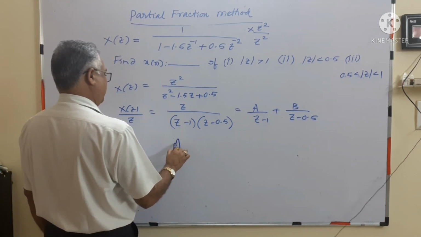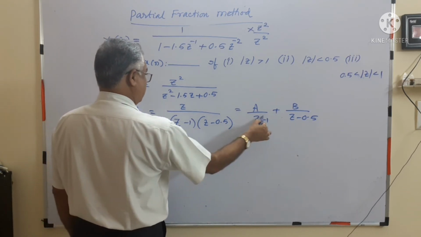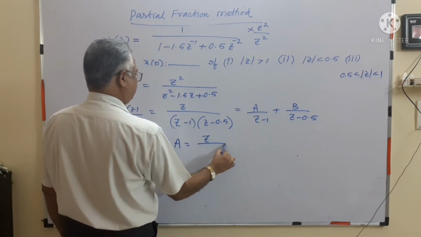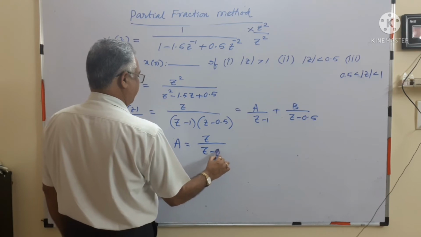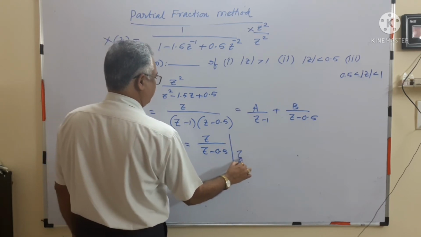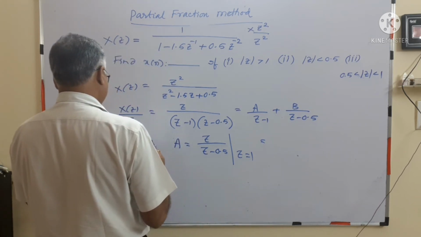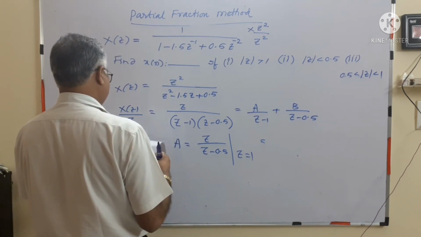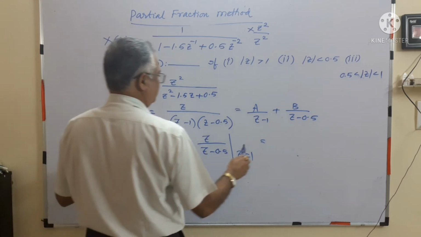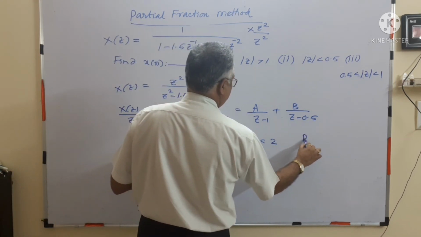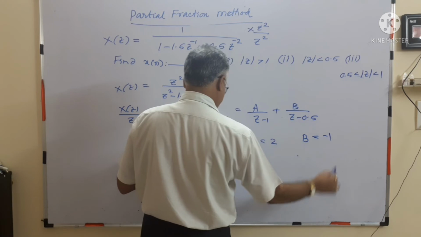So how do you find A? This cancels. Z by z minus 0.5, simplify at z equal to 1. And this answer, you will get 2. Similarly, find the B value, you will get minus 1.